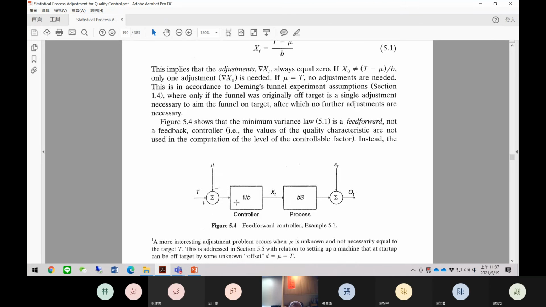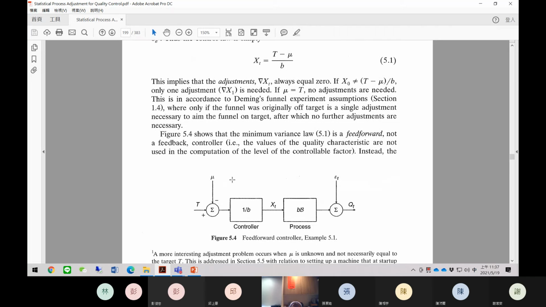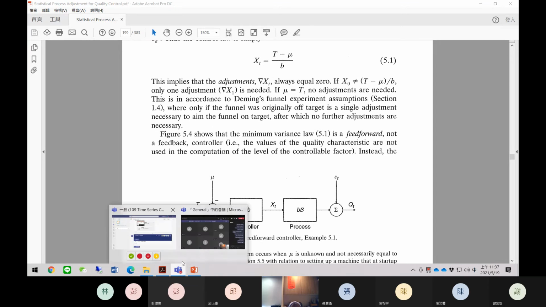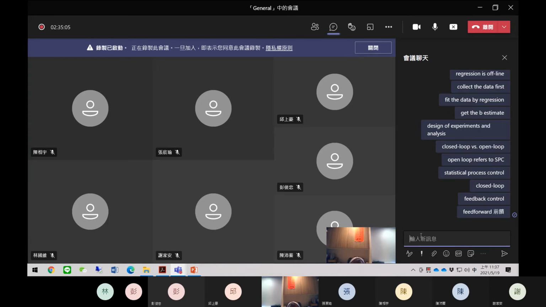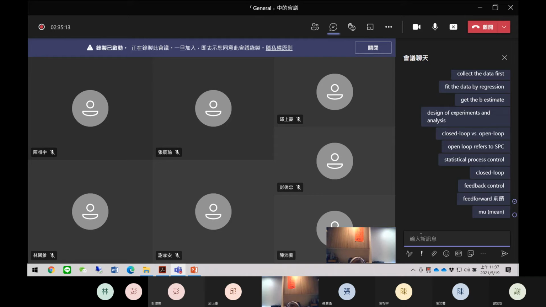Then we have a target, we have a minus mu. Mu is the mean. Then how can we get the mean? How can we estimate that? Say something, don't worry, just speak up loudly.